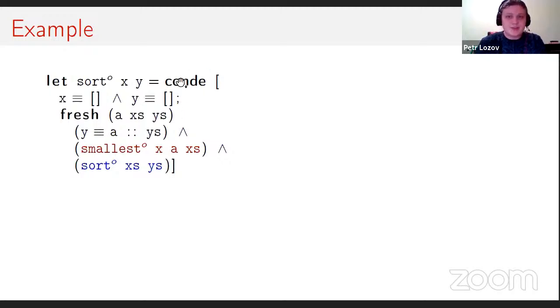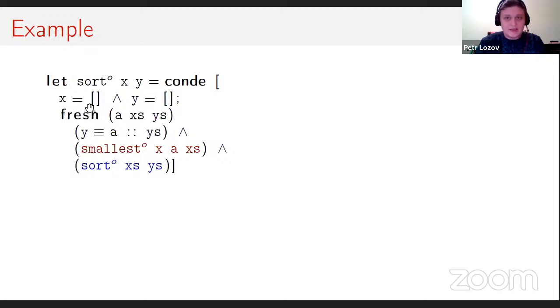The topmost operation in the relation is conde. This operation is a disjunction which unions the sets of answers from a list of goals. In the first disjunct, we consider an empty list case using unification.